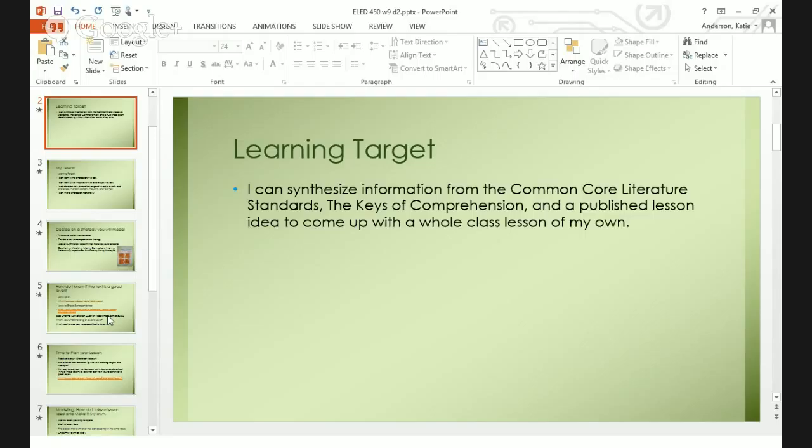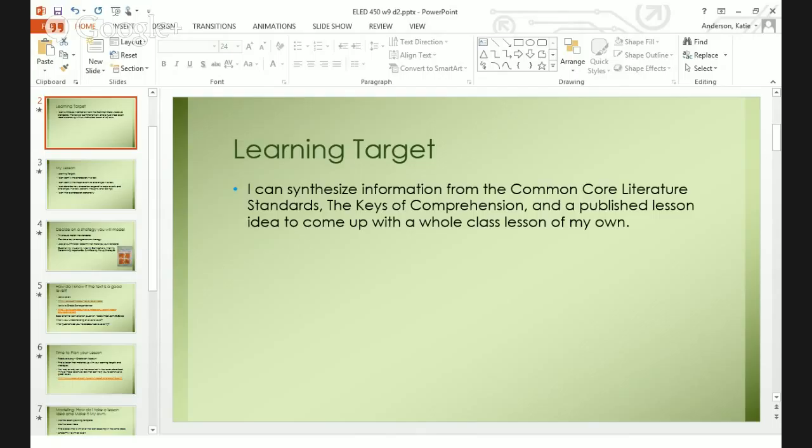Now, once you have a standard and a strategy that you want to focus on, you need to pick a text that works. I'm modeling my lesson off of a lesson on readworks.org, and it has a book on that lesson that I thought would be useful. However, the problem is I don't have the book. So here's the lesson that I liked that fit with my standard.